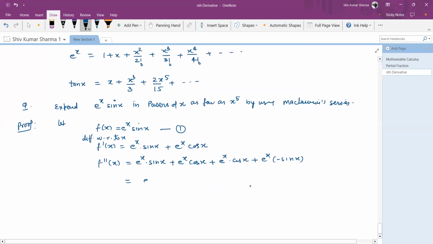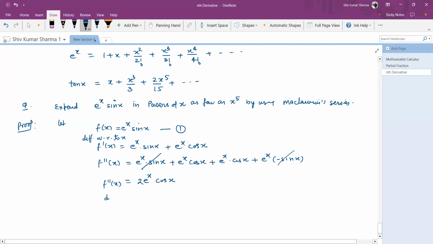So the sin x terms cancel, and this gives us 2 e raised to the power x into cos x. So this is our f double dash x.